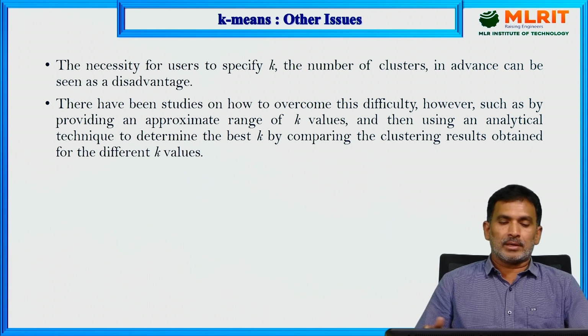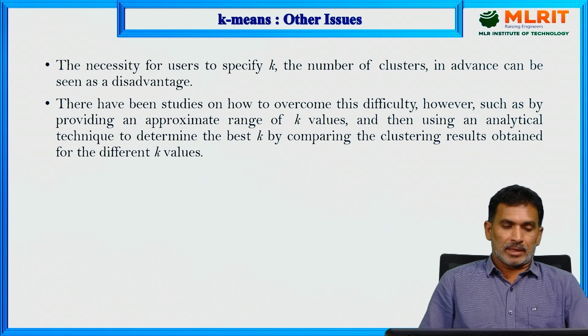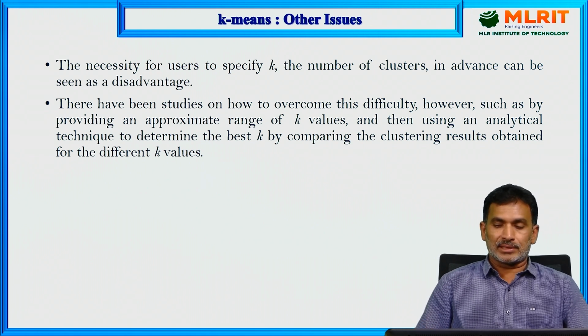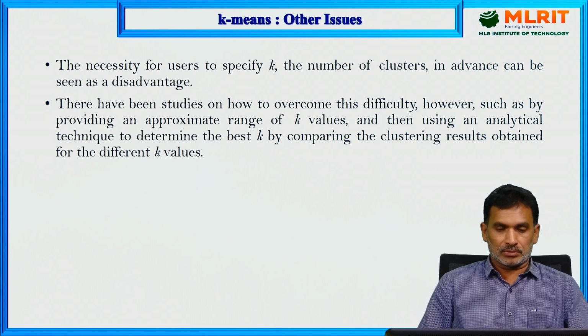Many other studies were implemented to overcome this difficulty, such as providing an approximate range of k values and then using analytical techniques to determine the best k by comparing the cluster results obtained from the different k values.